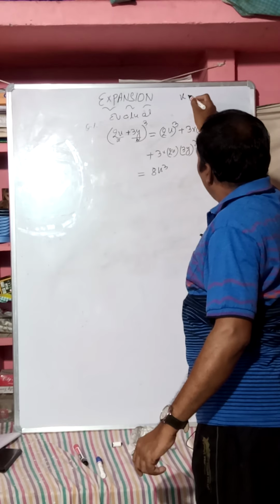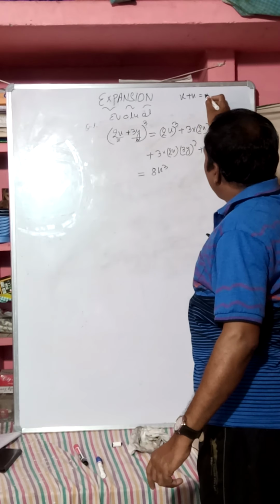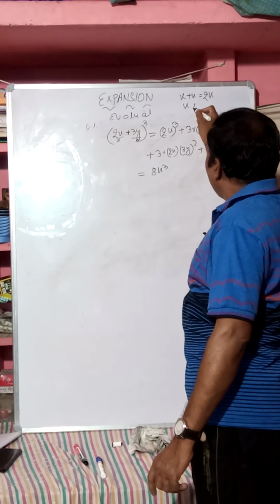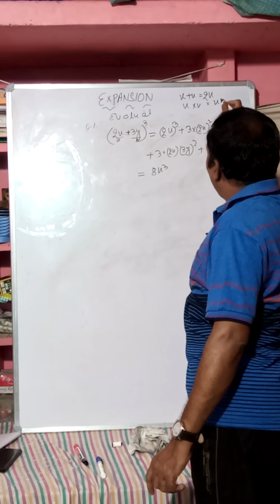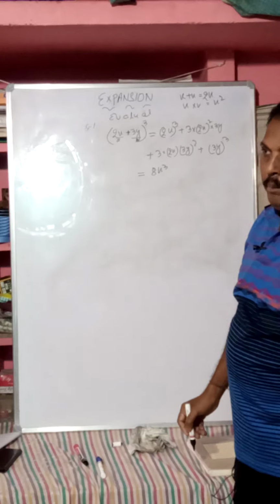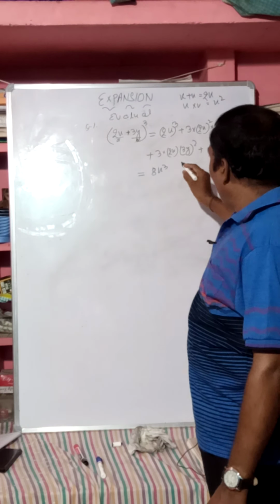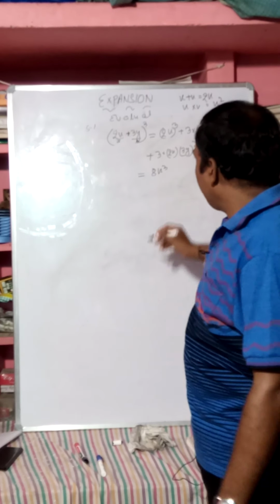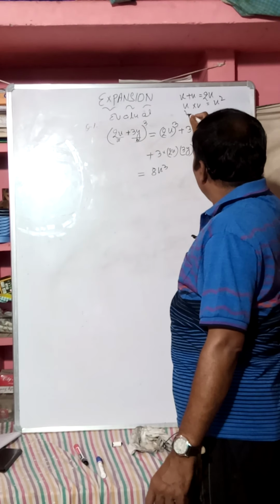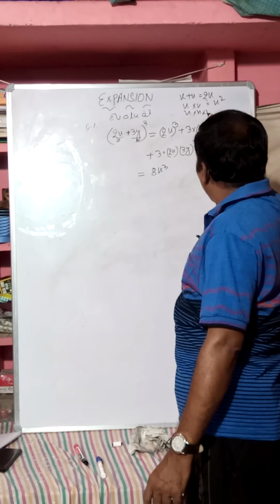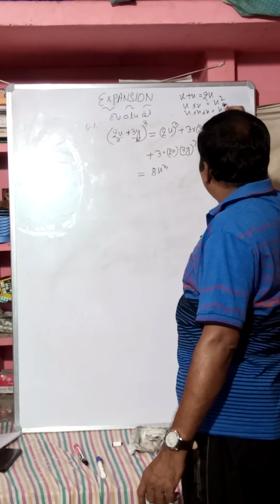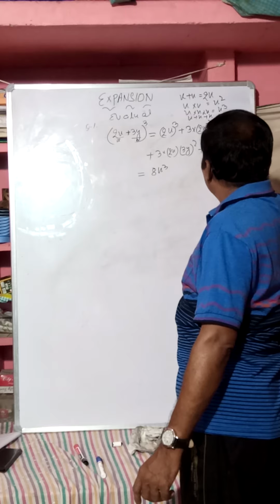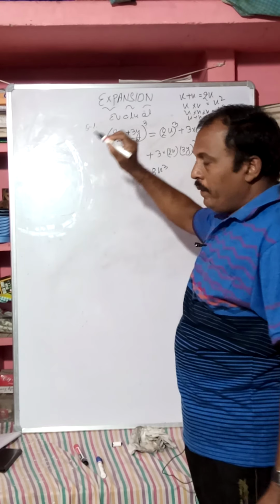X plus x that is equal to 2x, but x into x that is equal to x square. So most of children do x cube means 3x, not 3x. X into x into x that is equal to x cube, but x plus x plus x that is equal to 3x.